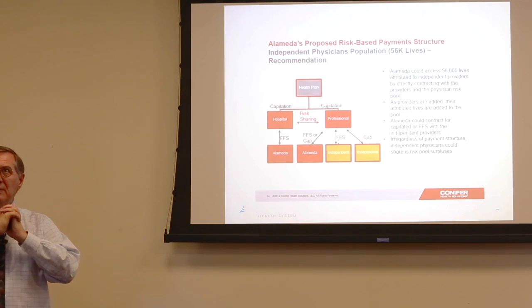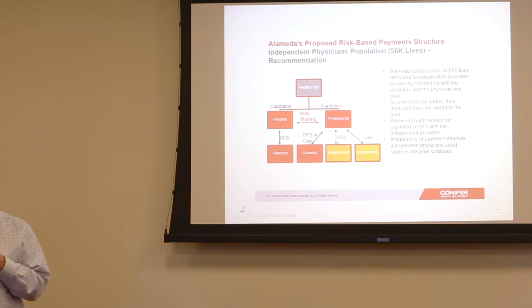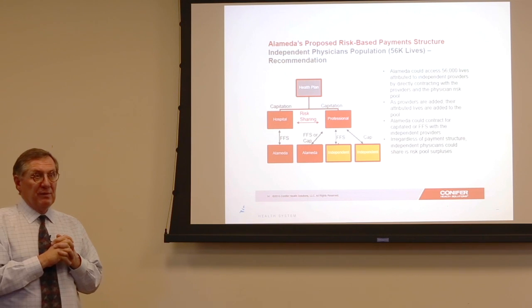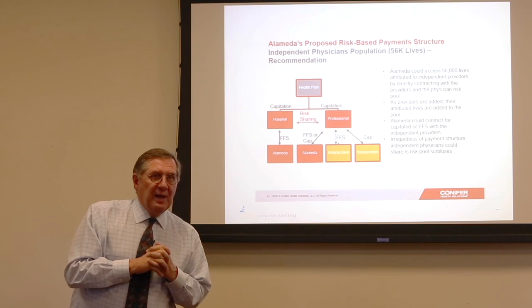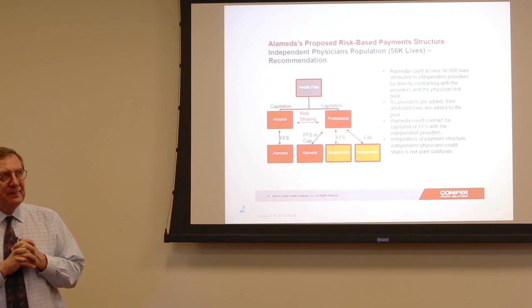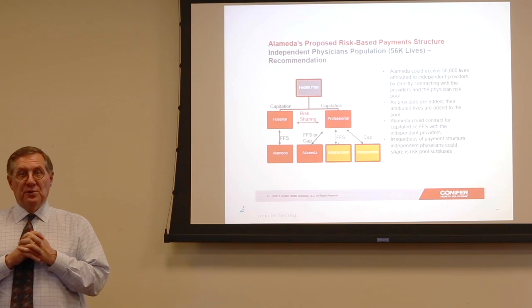In capitation, there's something called a division of financial responsibility, called a DOFR, D-O-F-R. The first thing that happens is the health plan writes an insurance product.